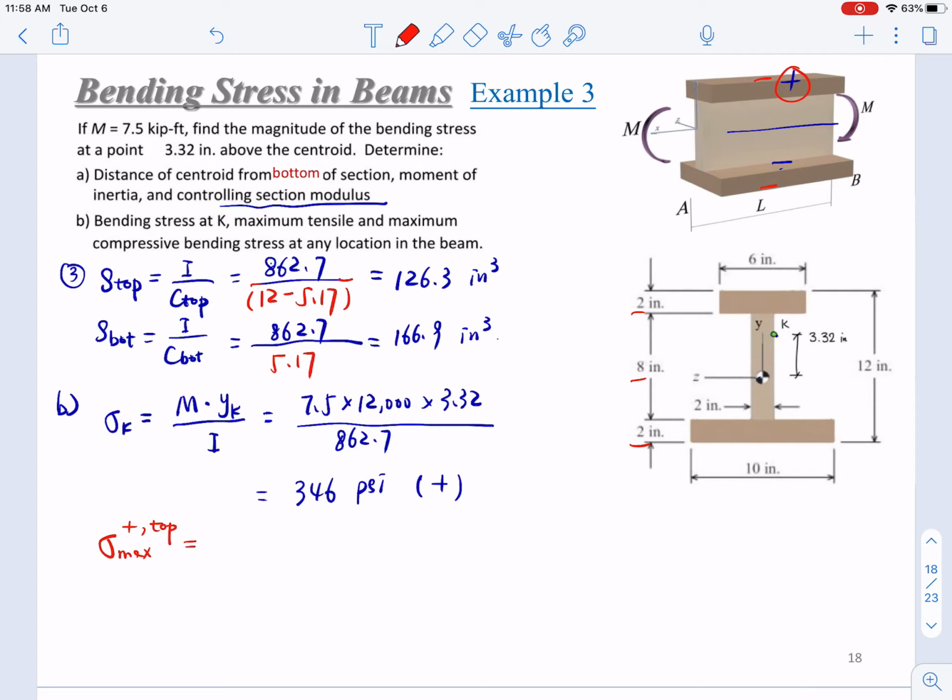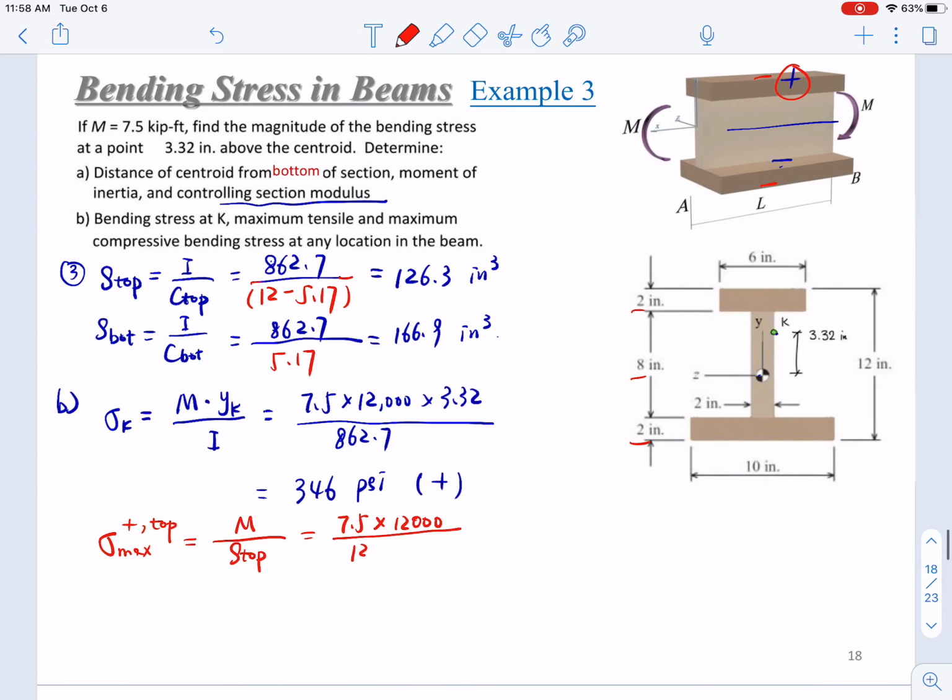This can be calculated from M over S top, which is 7.5 times 12,000 over 126.3. This would be 712 psi.